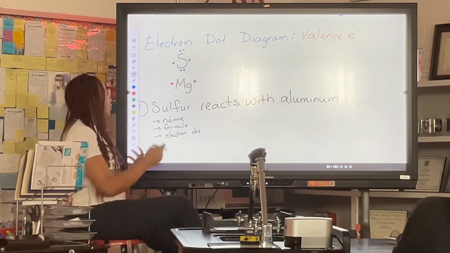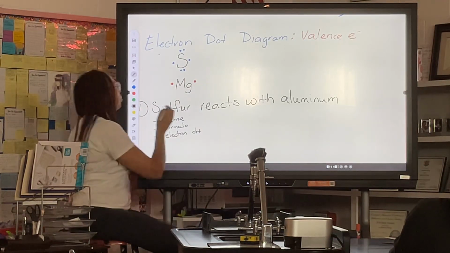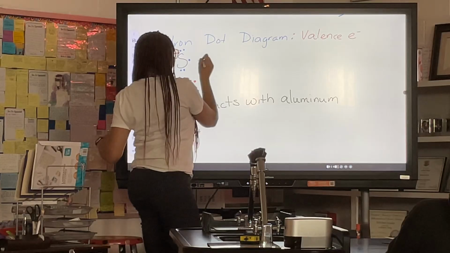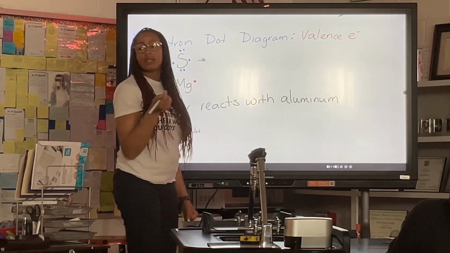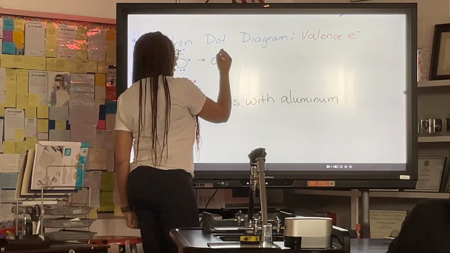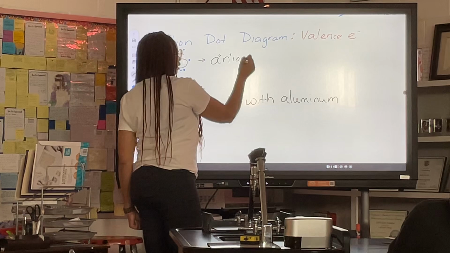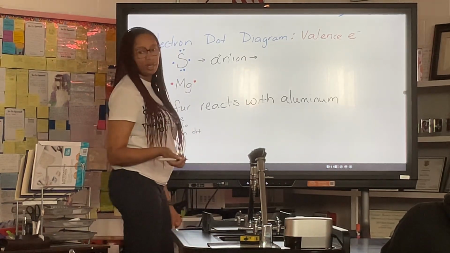But what happens if it's an ion? So, this is a non-metal. Non-metals form what type of ions? Cations or anions? Anions. A negative ion, which means it does what? Gains or loses valence electrons?